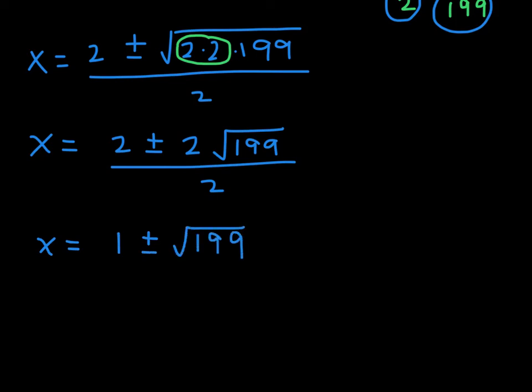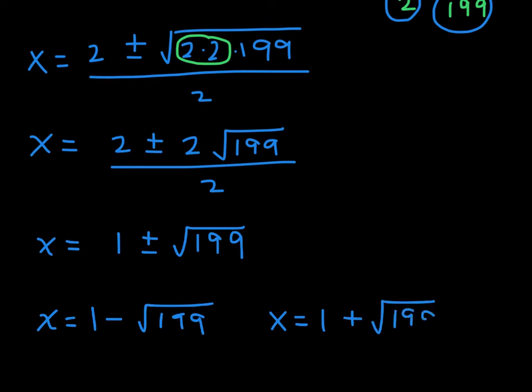199. Now remember that x is the distance from the fire pit to the playset. Now you have two solutions here. You got x is 1 minus the square root of 199, or x is 1 plus the square root of 199. Now, this value here must be thrown in the trash, right?